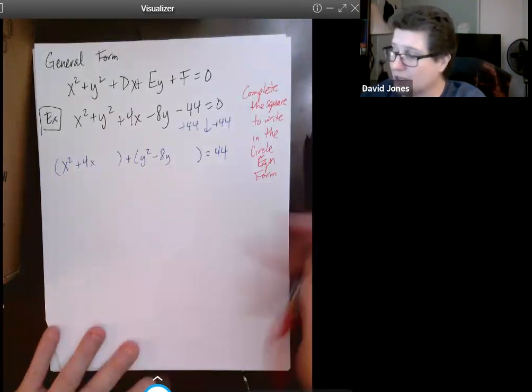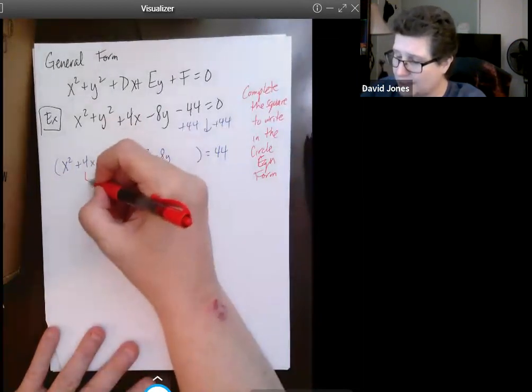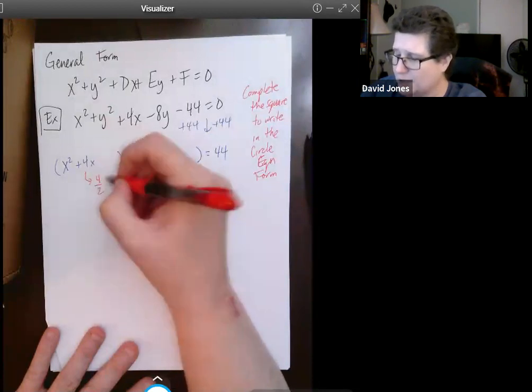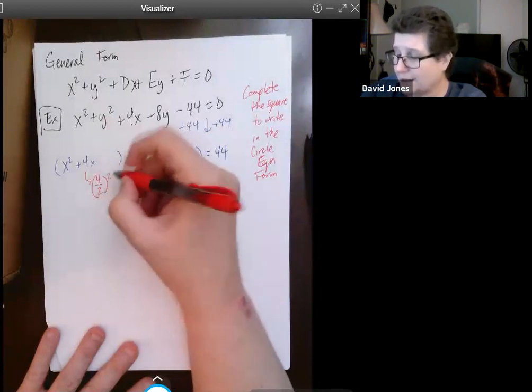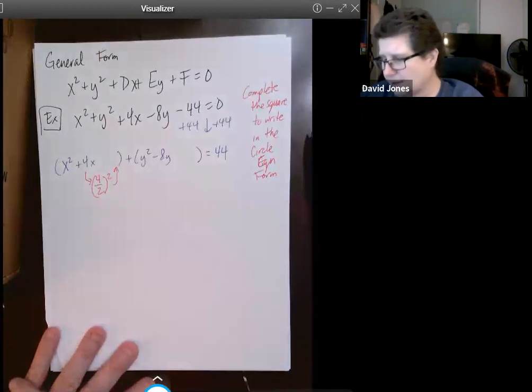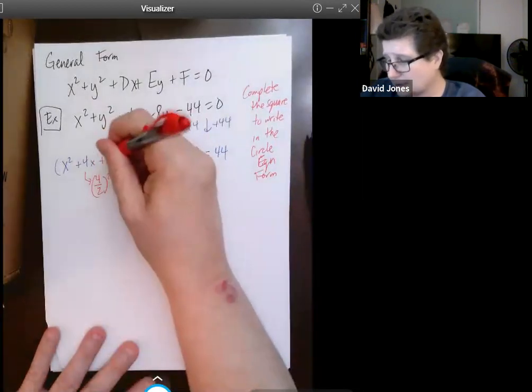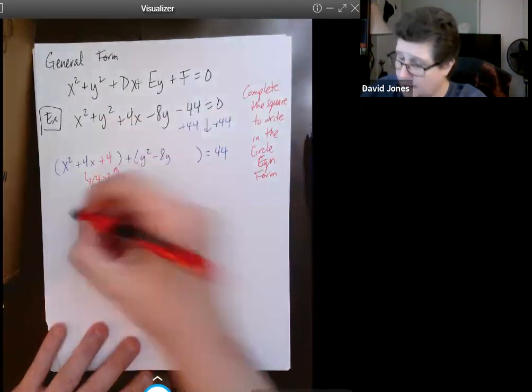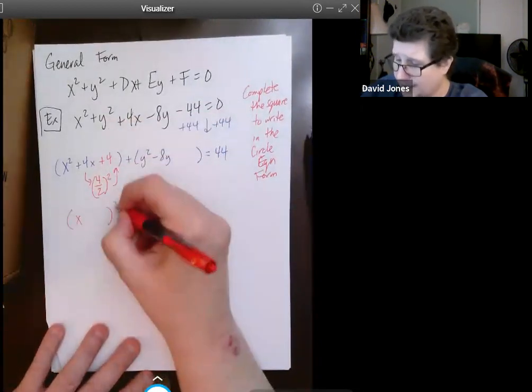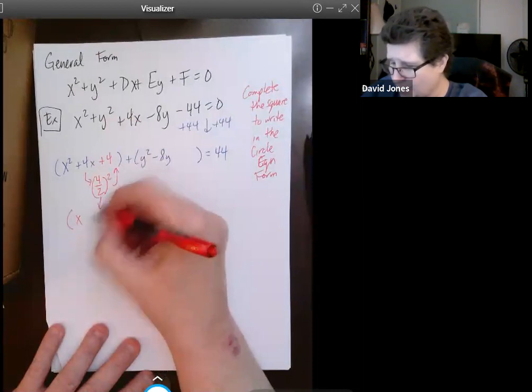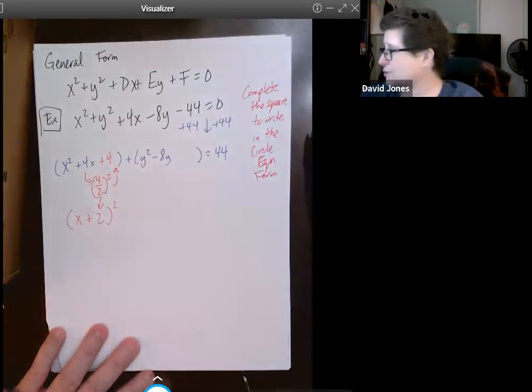Complete the square on each one. Remember, completing the square, we take that, divide it by 2, square it, and add it in. 4 divided by 2 is 2, 2 squared is 4. We just take that value and plop it in right there. Plus 2 squared.